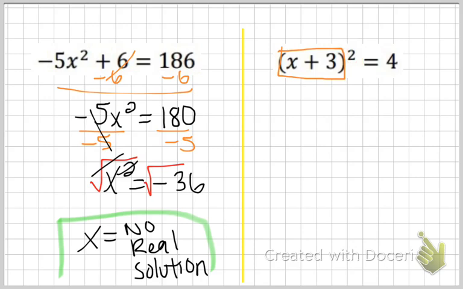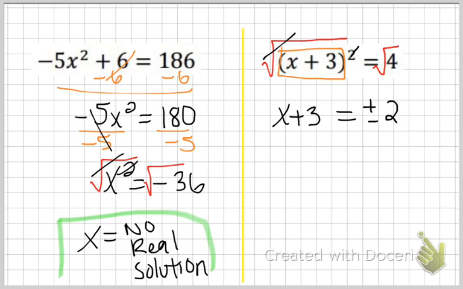How do you get rid of the power of 2? The inverse is to take the square root. So I'm going to take the square root of one side and the square root of the other. The power of 2 cancels. So we get that x plus 3 is no longer trapped, so we don't need parentheses around it. The square root of 4 is a 2, but it could be a positive or it could be a negative 2.